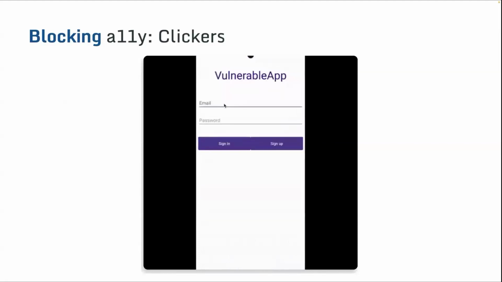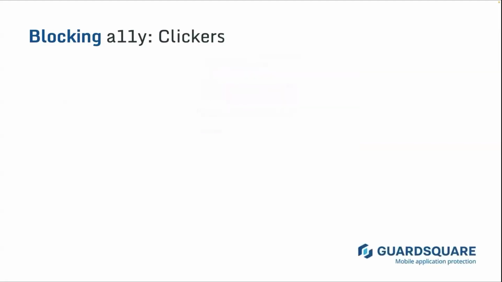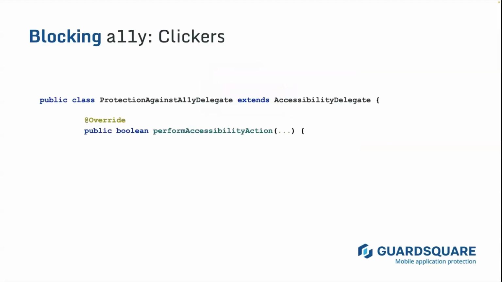Okay, so what can we do to defend against this? Again, accessibility delegates come to the rescue. There is one more callback we can define just to prevent clicking attacks. It is this one. If this callback is called, it means that there's an accessibility service that is trying to do something on my application.